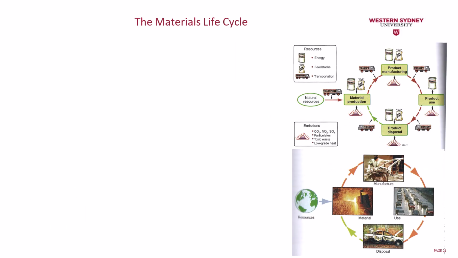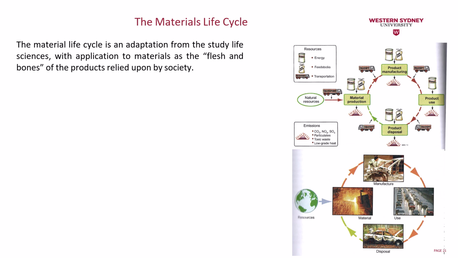So we talked about the material life cycle earlier, but now we're going to review it more. The material life cycle is an interpretation from the study of life science, applied to materials such as the flesh and the bones of the products relied upon by society.